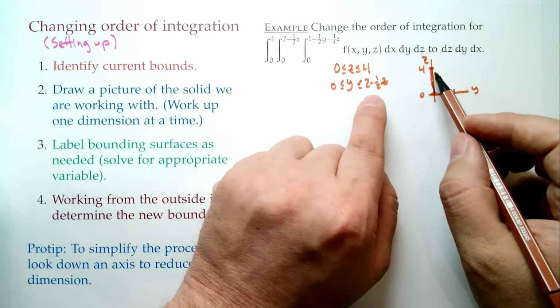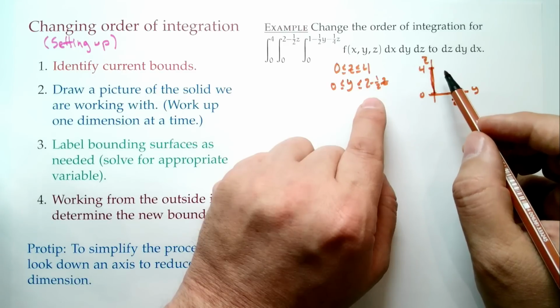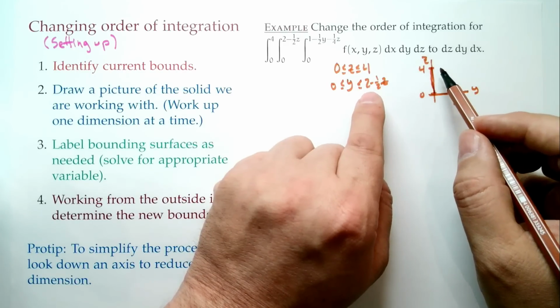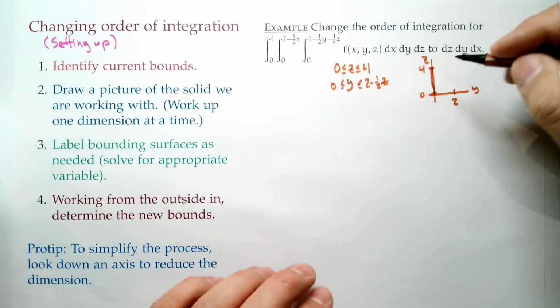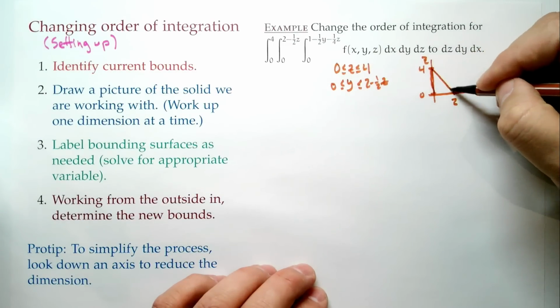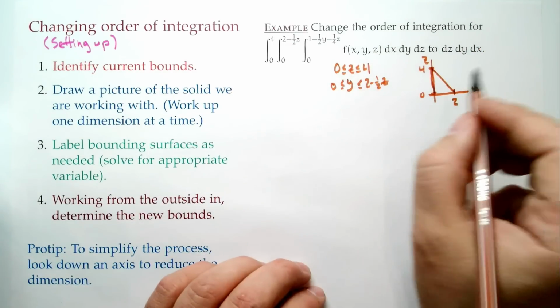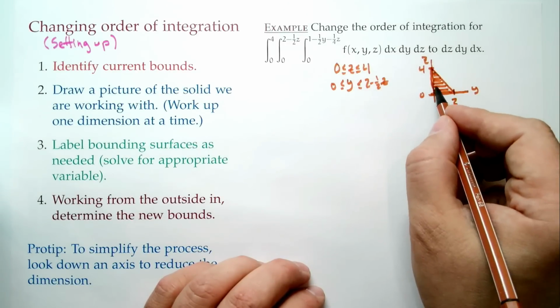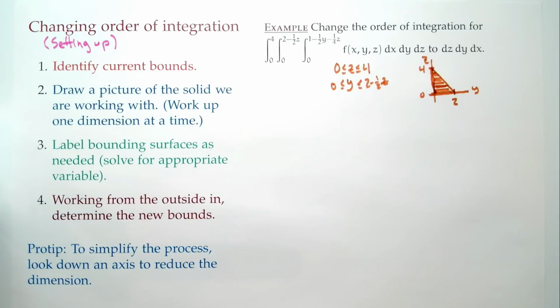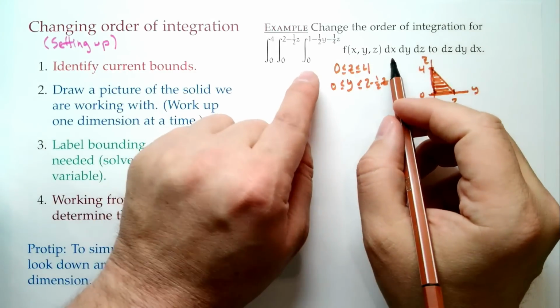When z equals 4, where will I be? I'll be at 0, because a half times 4 is 2, 2 minus 2 is 0, which means I'm going to be like this. So I'm going along, and this is what I'm filling. So I'm filling in a triangle here in the yz plane. Now, that's just my two outer ones. I still have one more layer to go. Here we go. What's the last layer telling me?